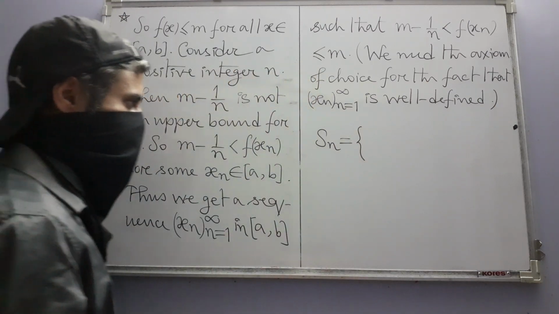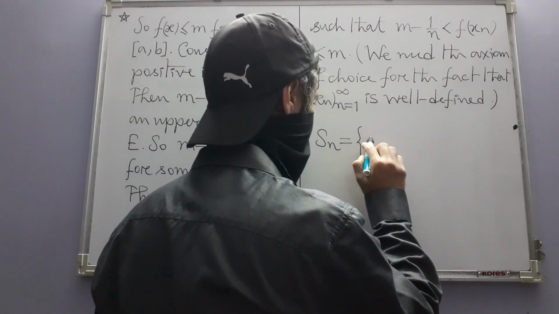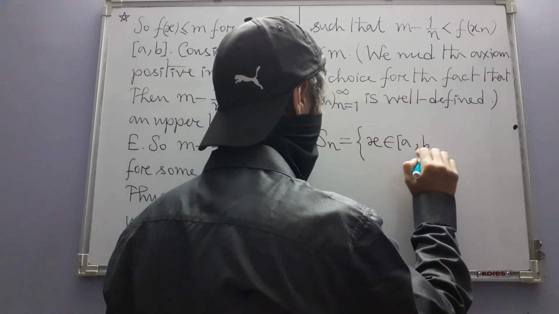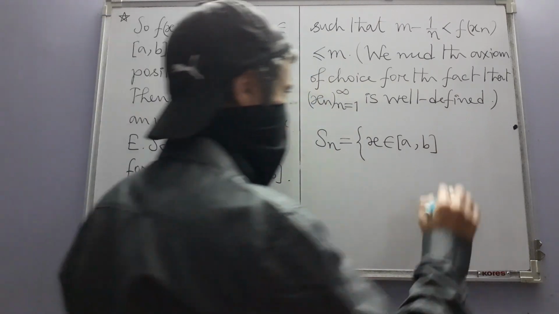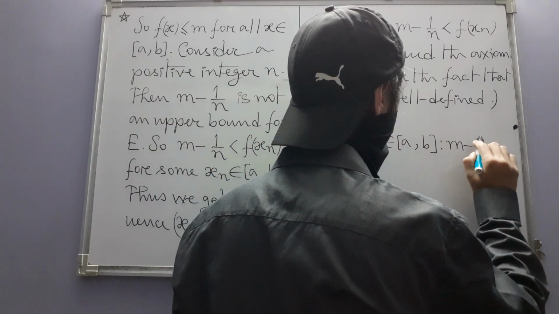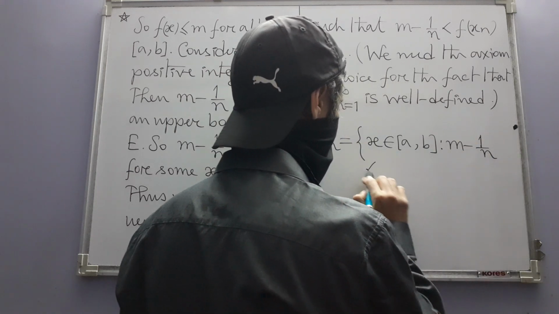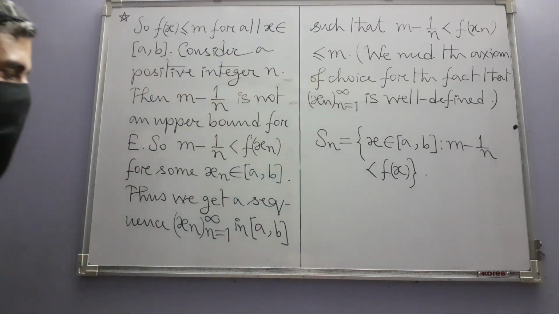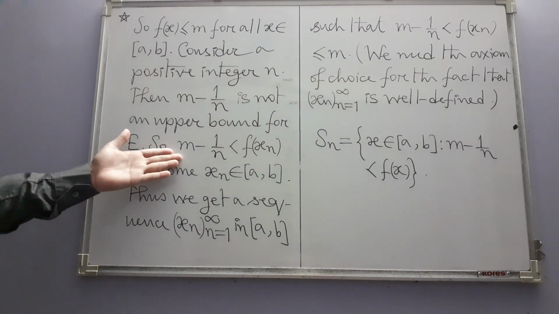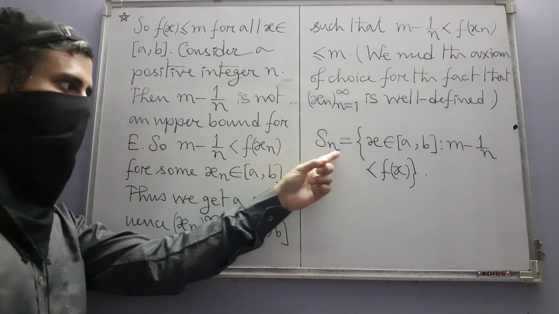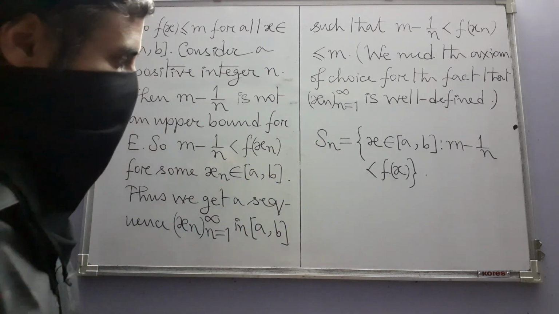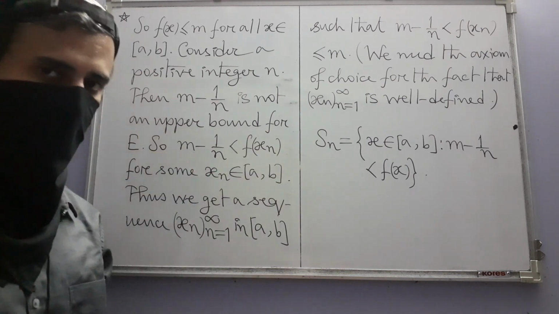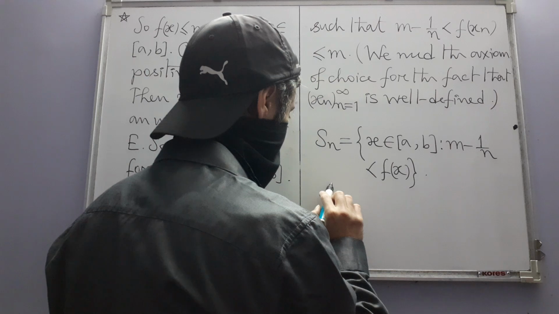Let Sn be the set of inputs x in [a, b] for which m minus 1 over n is less than f of x. What we are saying here is that each such Sn is non-empty, because there is at least one xn for which that happens. So each Sn is non-empty.